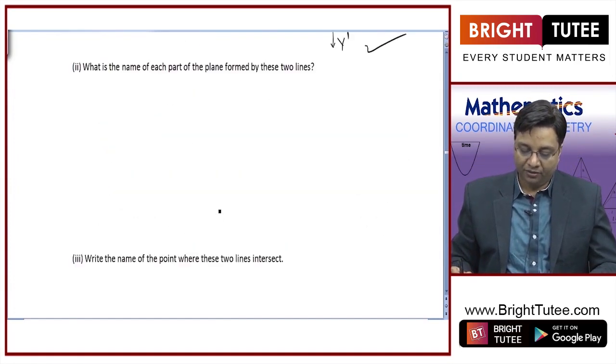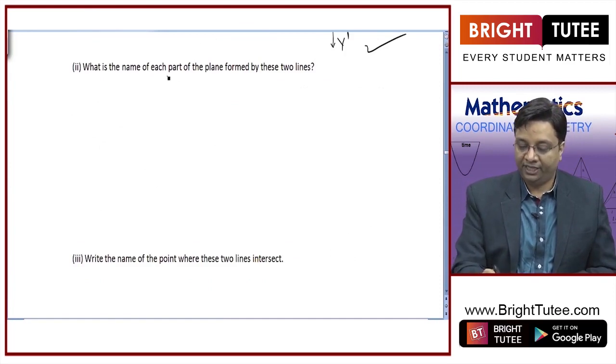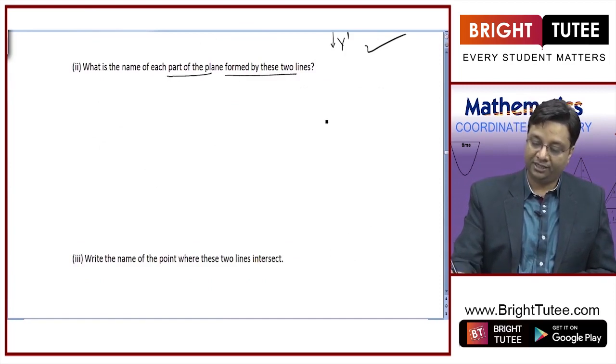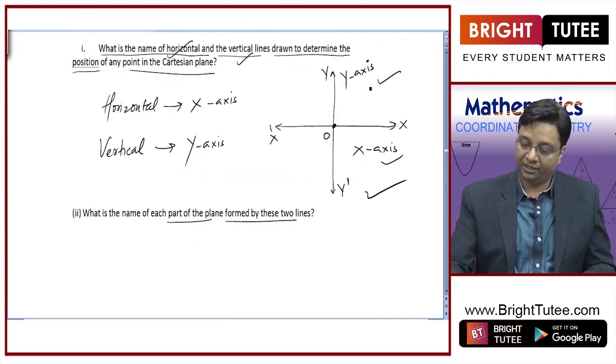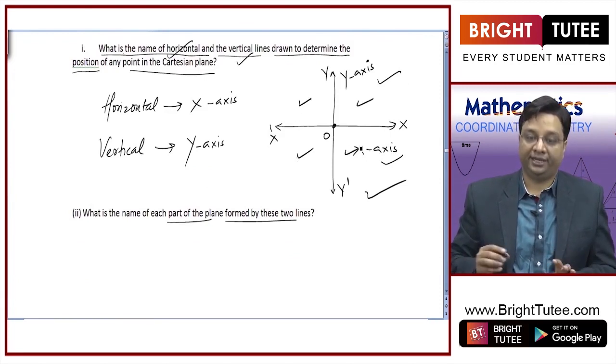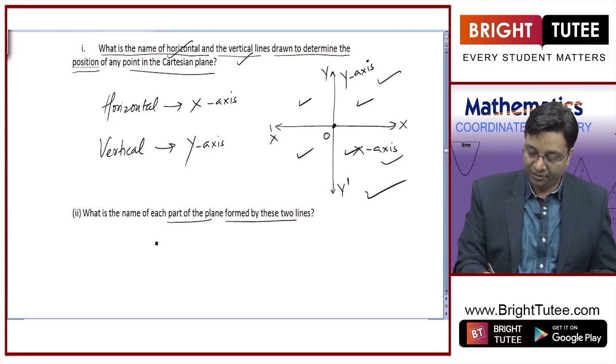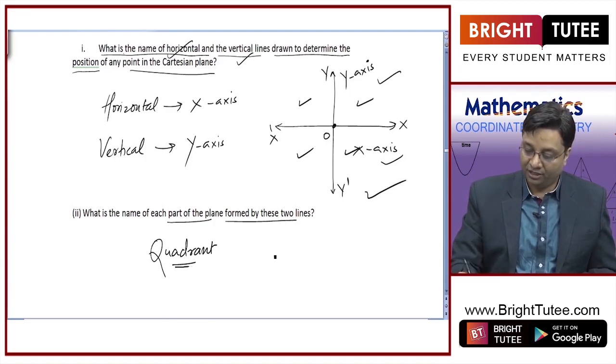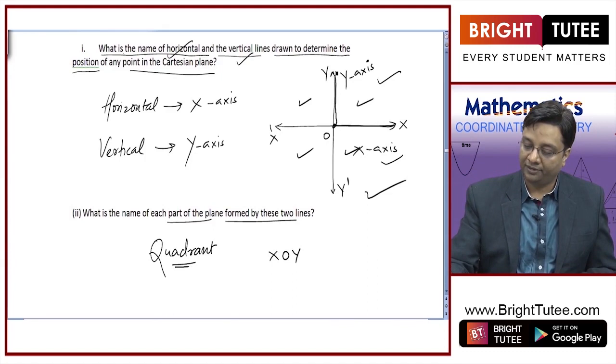Okay. What is the name of each part of the plane formed by these two lines? So, I will use the same figure. Each part of this plane is known as a quadrant. You can name these quadrants also. X, O, Y is the first quadrant.